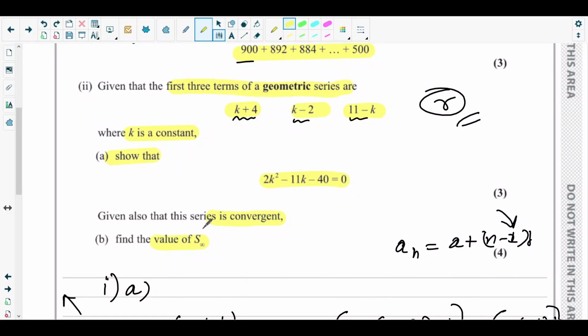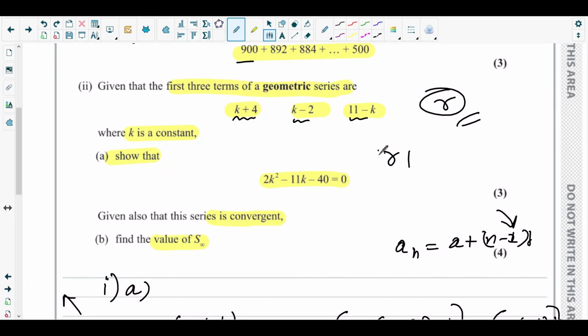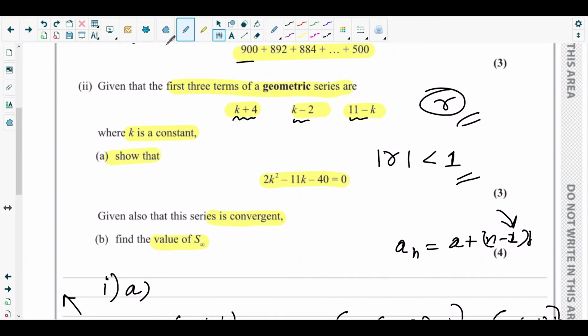Okay, a series is convergent when the modulus of the common ratio is less than 1. Then we say it is a convergent series.